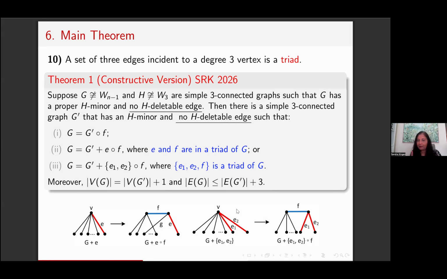And the other thing about these results is that a graph sits inside a larger graph. Every graph is a subgraph of a corresponding complete graph. That is not the case in matroids in general. So when you're talking about matroids in general, you do not have a constructive version like this.